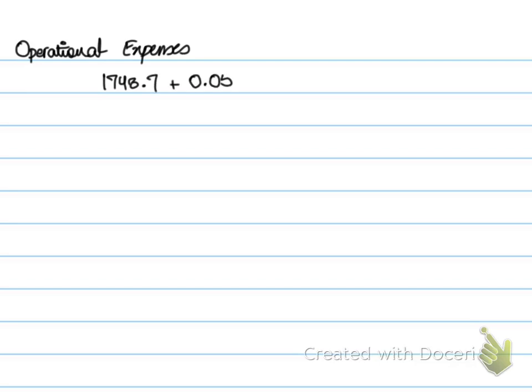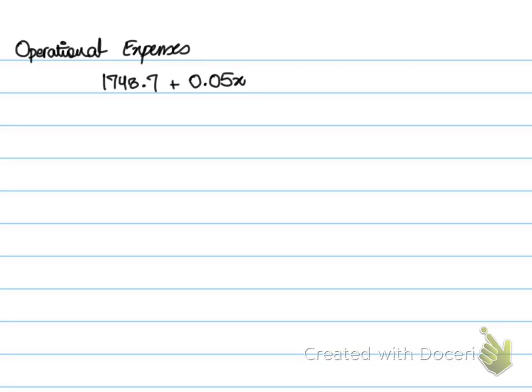You add all the expenses and the figure that you get for your operational expenses is 1748.7 plus 0.05x.